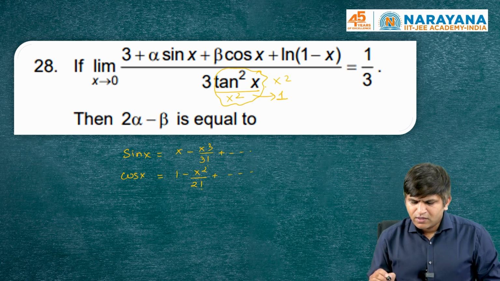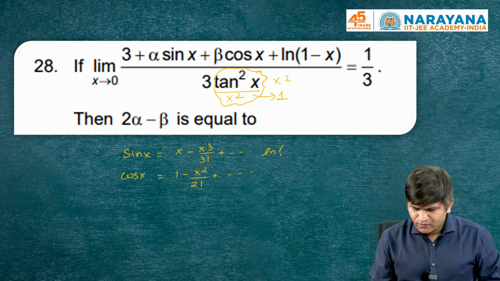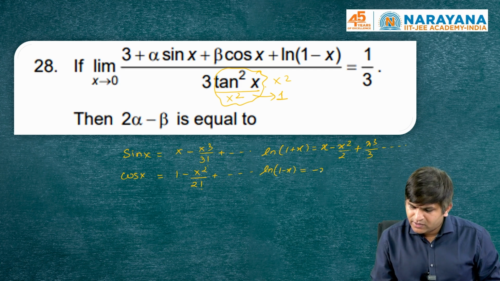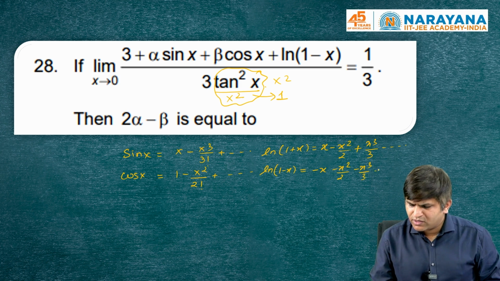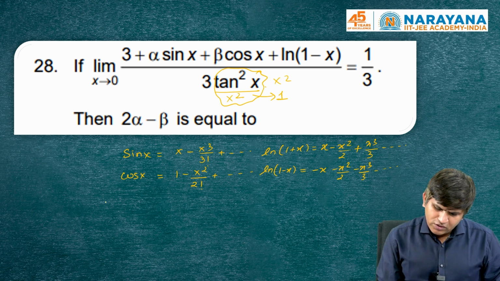Okay, we can do this. And ln of 1 plus x expansion is x minus x square by 2 plus x cube by 3 and so on. So ln of 1 minus x will be minus x square by 2 minus x cube by 3, this way, right? So we just have to put all these expansions here.